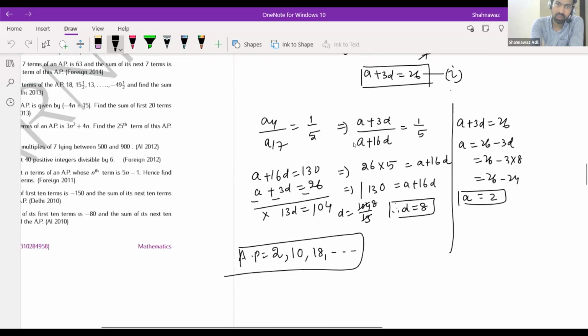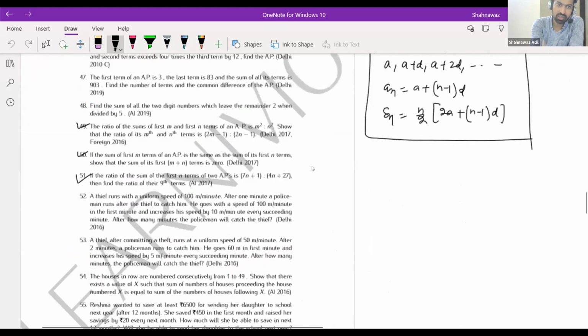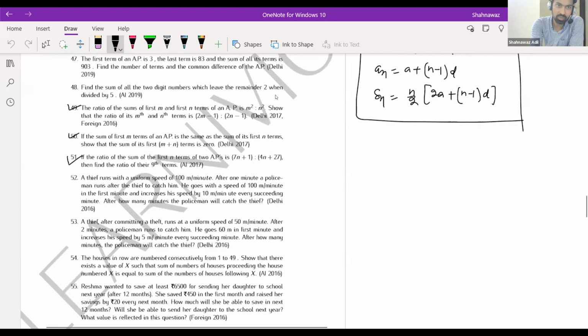Yes, sir. Okay, now let us understand this 49th problem, right? In the 49th problem, what is given?